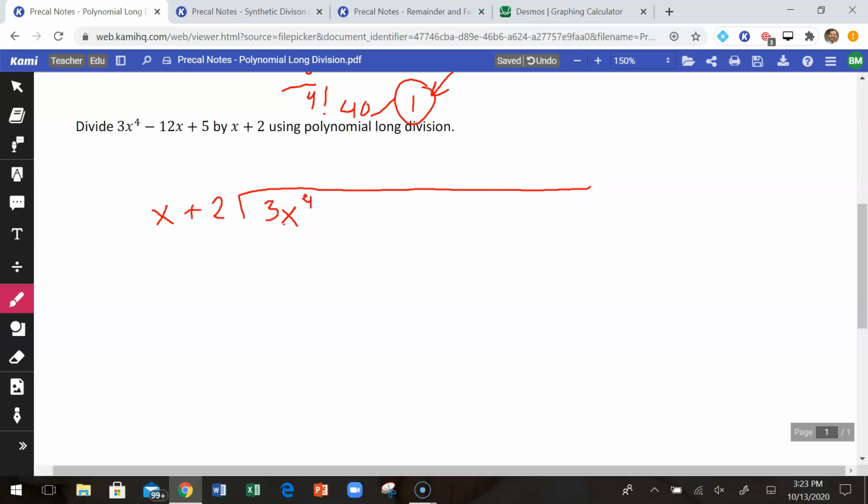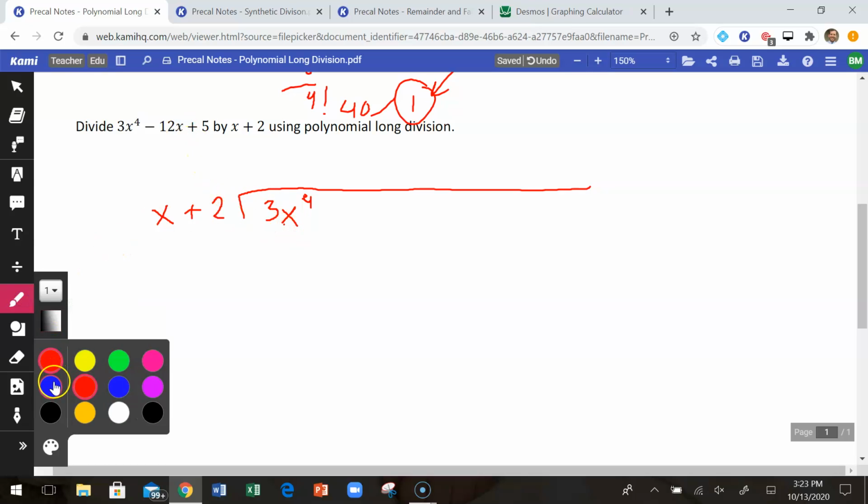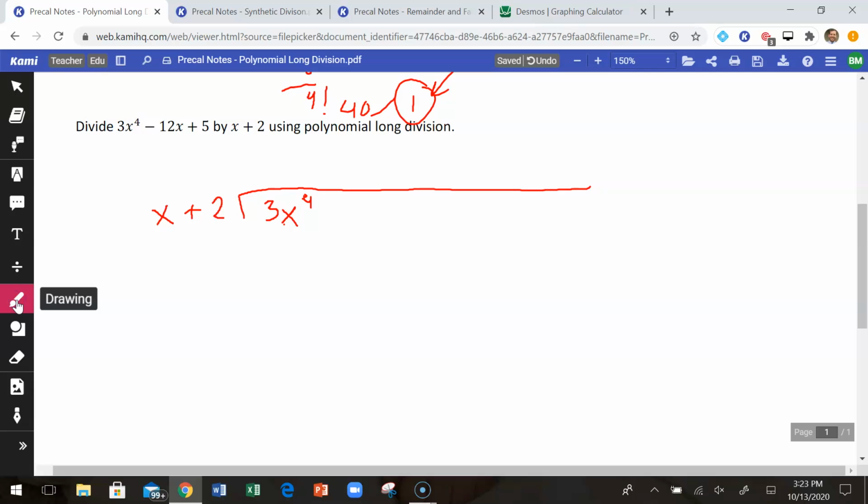So our leading term is 3x to the 4th, and then we jump all the way to just a linear term of 12x. If you have missing terms in between, you need to make sure that you write placeholders for that. So I do not have an x cubed term, but I need to write that in.